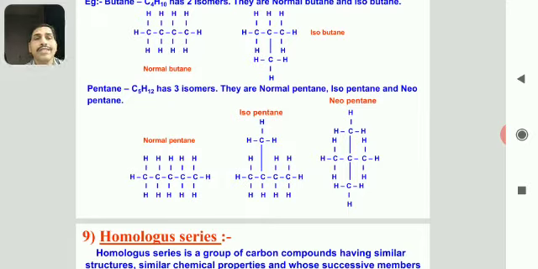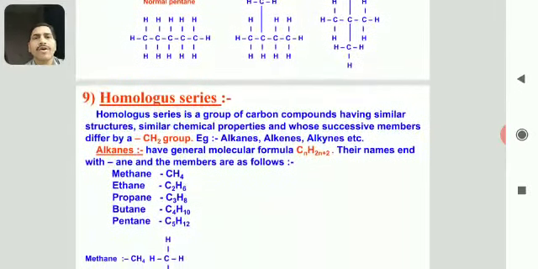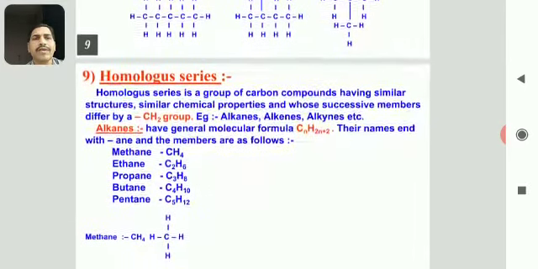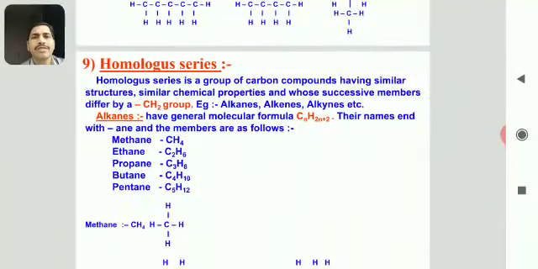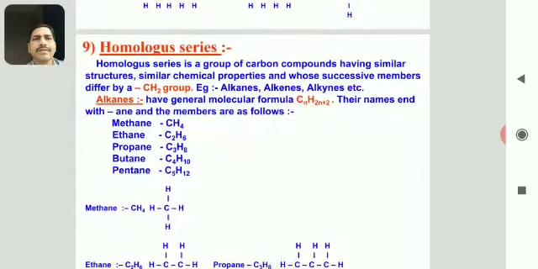Now, the next topic in carbon and its compounds is the homologous series. Homologous series is a group of carbon compounds having similar structure, similar chemical properties, and whose successive members differ by a CH2 group.